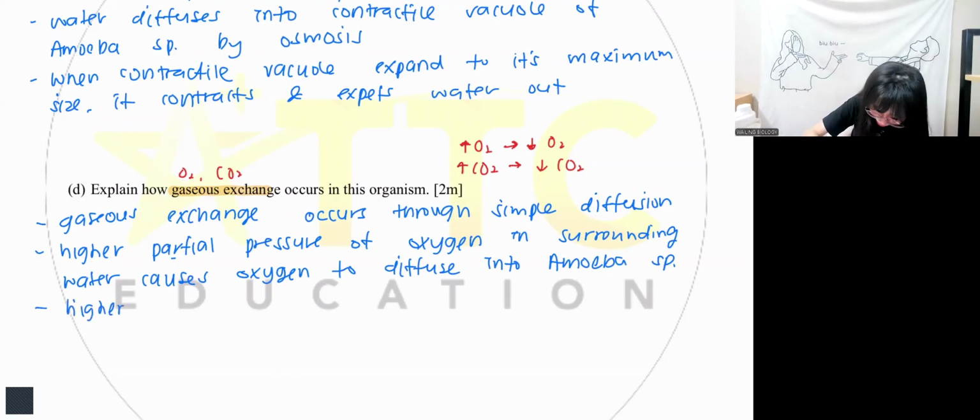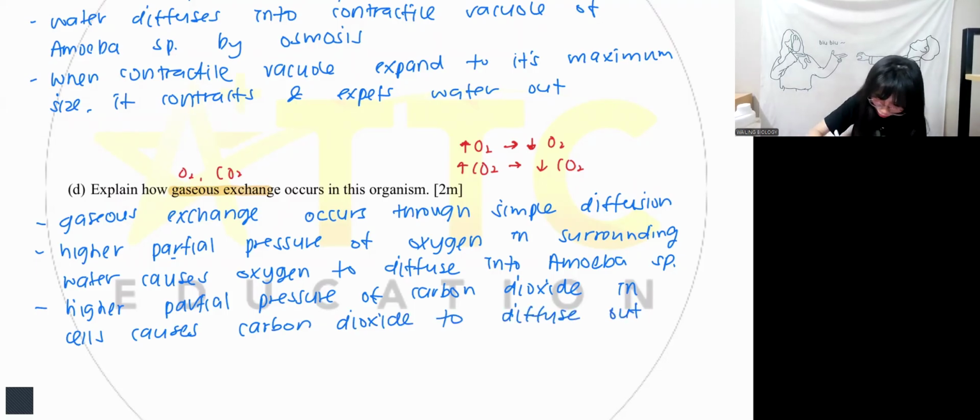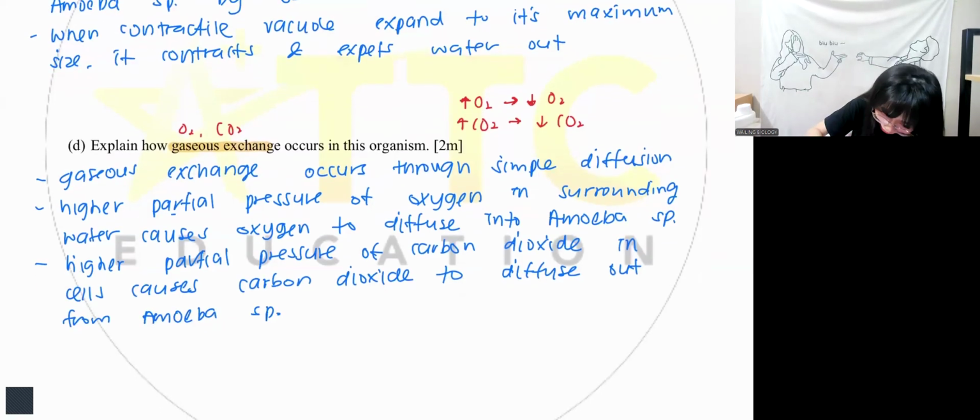Next, higher partial pressure of carbon dioxide in cell causes carbon dioxide to diffuse out from amoeba species. So the word partial pressure here means concentration.